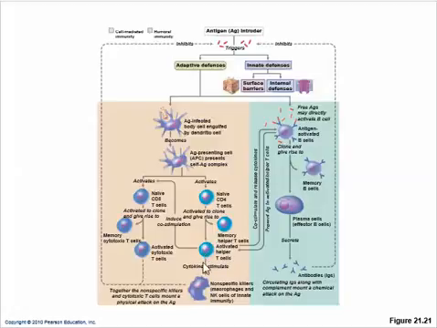The helper Ts also stimulate the NK cells and rev up the macrophages, which then eat and kill and do their thing. So all of these things work together, and you'll notice that the helper T is central to all of this.